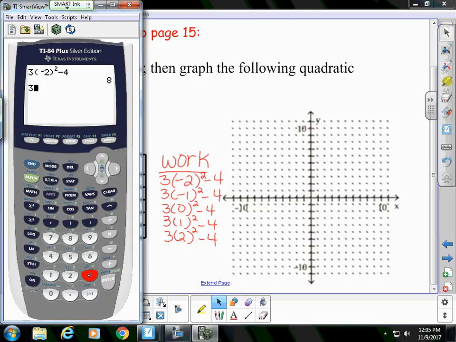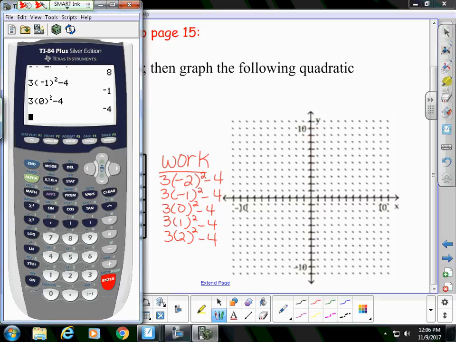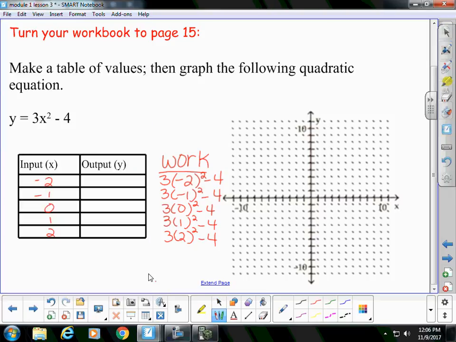And then 3 times -1 squared minus 4. Enter. That one's -1. And then 3 times 0 squared minus 4. And that came out to -4. So there's my first 3 answers, 8, -1, and -4.